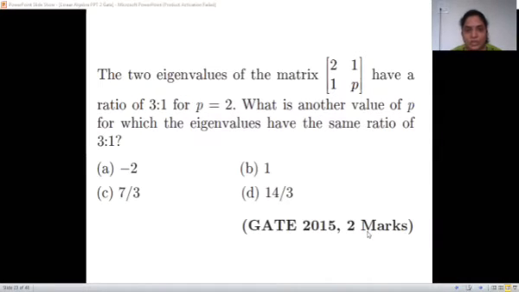If p is 2, what are the eigenvalues? 2, 2. Yes, RB, what is the eigenvalue? 2 and 2.